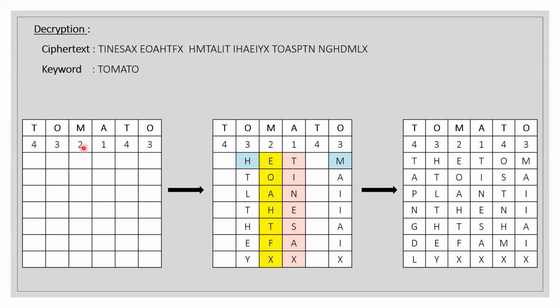Then there is just 1, 2 here, so the second block, EOAH, is filled in the second column. And now there are 2 threes, so for decrypting, we again fill it row-wise. So HM, H here and M here, then T here and A here, and so on, like L, I, T. Now that I'm done with this block, I'll move to the next block. So I, H, A, E, I, Y, X, and so on. So I get the plain text that was encrypted.